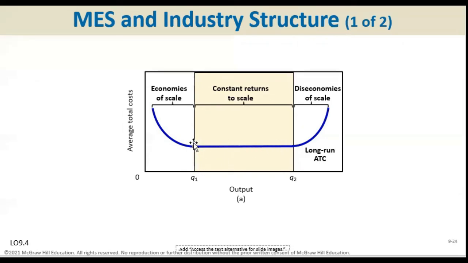Even though you reach the MES at Q1, you also benefit from this extended area of output while maintaining the same cost. So this example industry will be populated by firms of many different sizes, right? Small and large scale producers coexist and are equally successful in this particular industry.